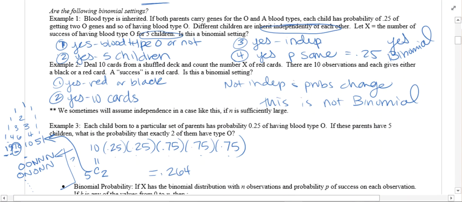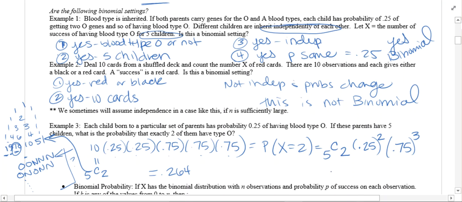Okay, so I'm going to show you how this works. This is the same thing as our formula. Probability x equals 2. We had 2 successes. That 10 came from 5 combination 2. Our probability of success was 0.25, and we had 2 of them. And our probability of failure is 0.75, and we had 3 of them. This is the binomial formula.